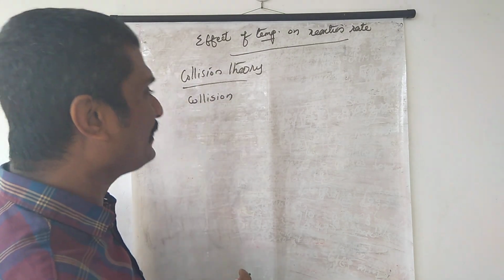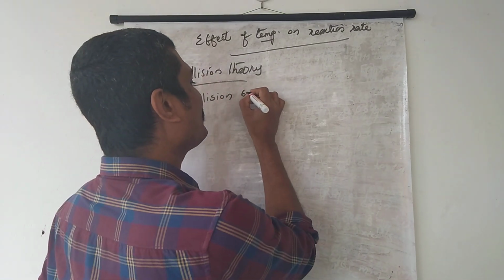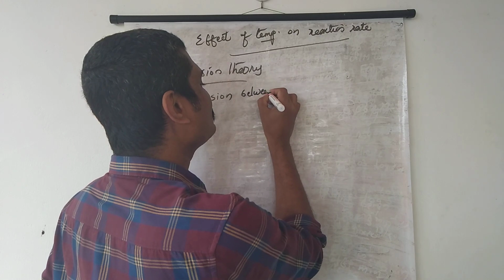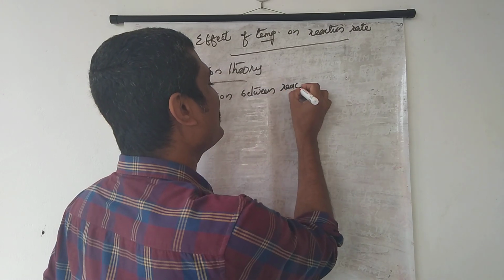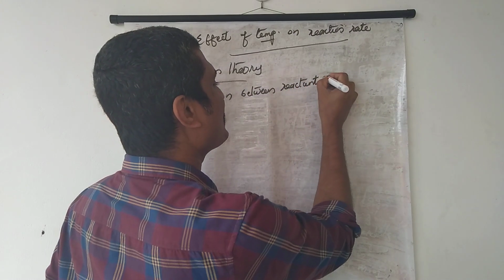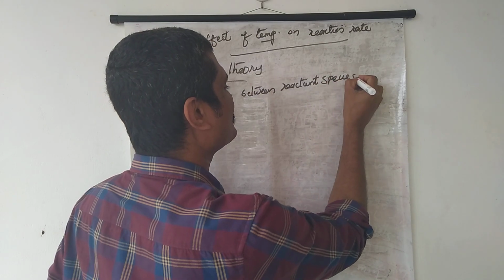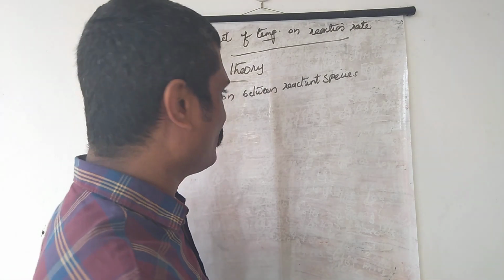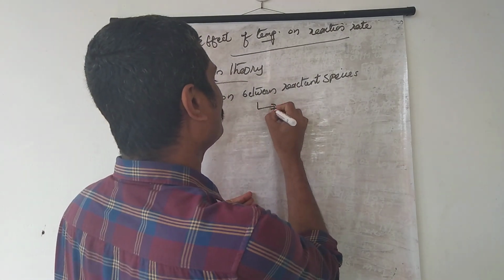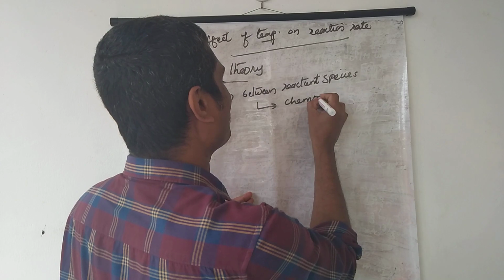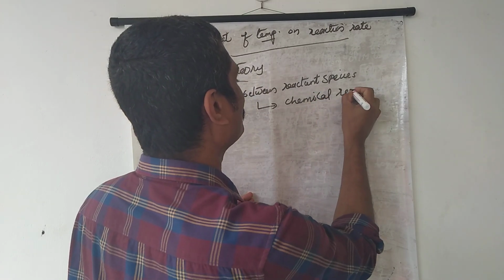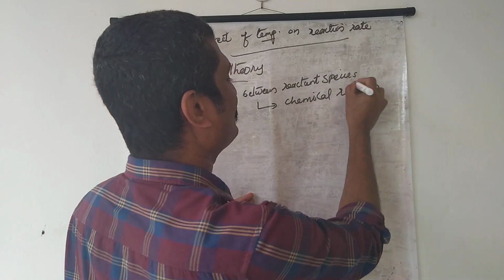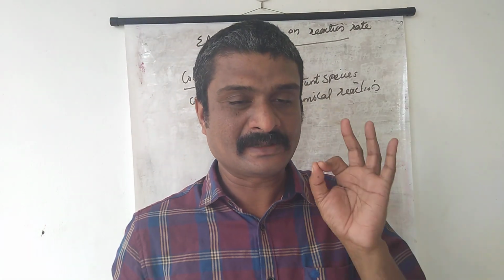According to collision theory, collision between reactant species, may be atoms, molecules or ions, leads to chemical reaction.